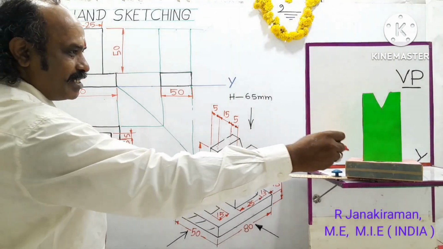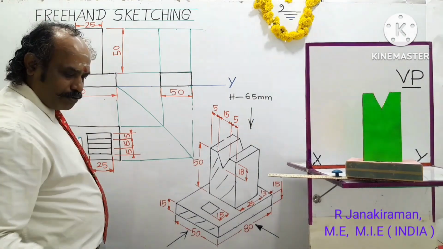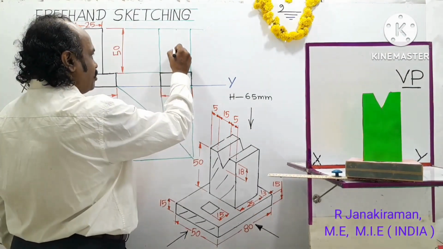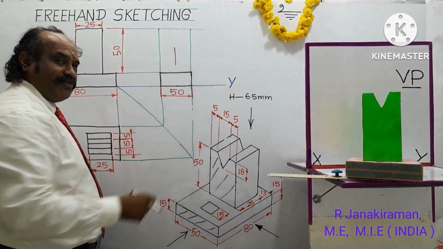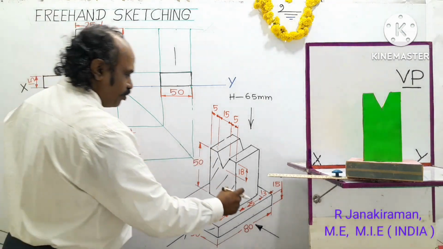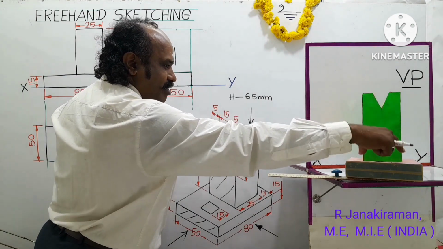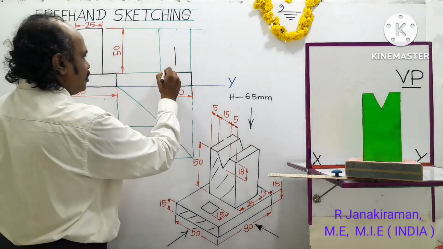And at the center there is the green color part. This 50 is divided into two parts. Roughly, by hand, draw one center line. This part is 25, so the other part will also be 25 mm. Now inside this 50, this 25 is to be located. This 25 gap, the size of the square, is 25, and it is to be located.